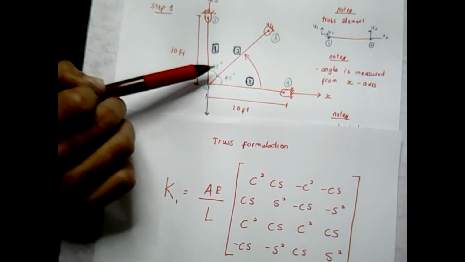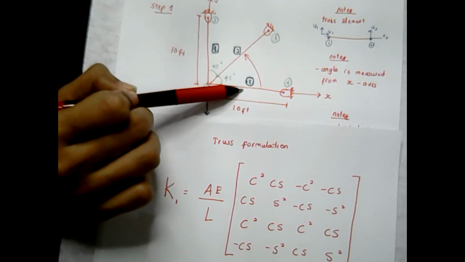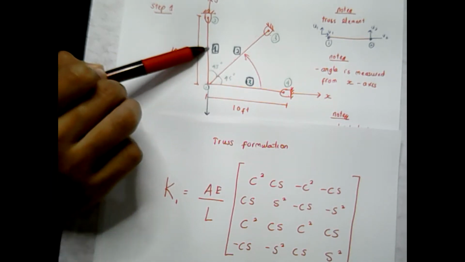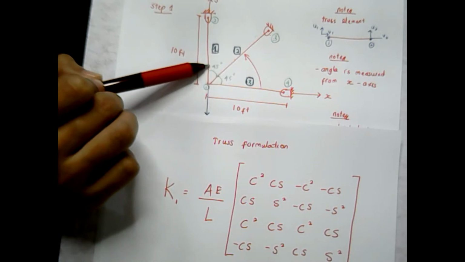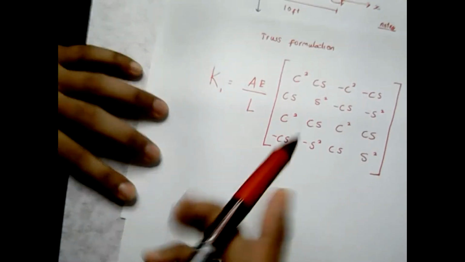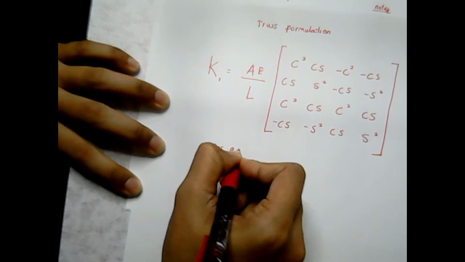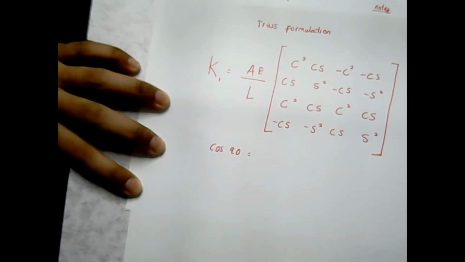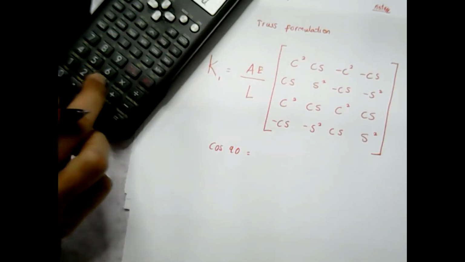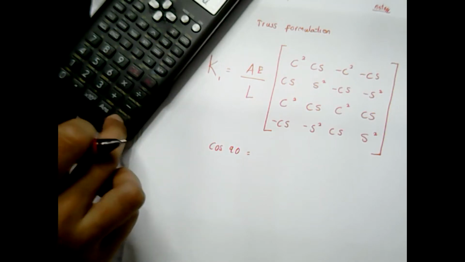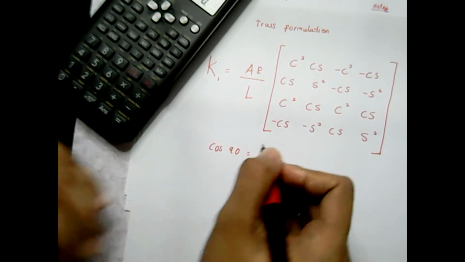In this case, from x measured to member 1 is 90 degrees. So for 90 degrees, you can calculate cos 90. What did you get for cos 90? Cos 90, you get 0.